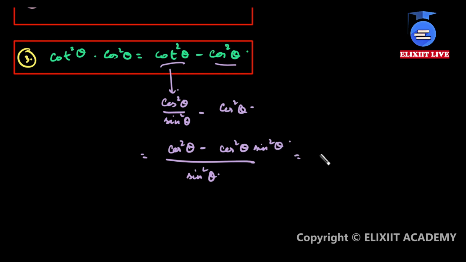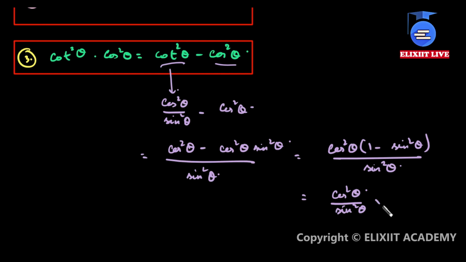Take out cos square theta common from here. You are getting cos square theta times 1 minus sine square theta divided by sine square theta.